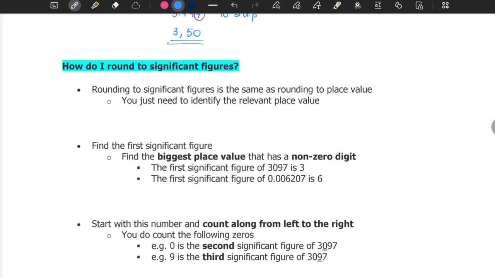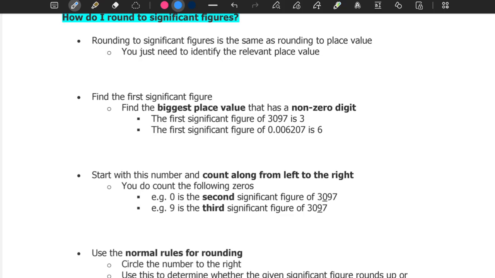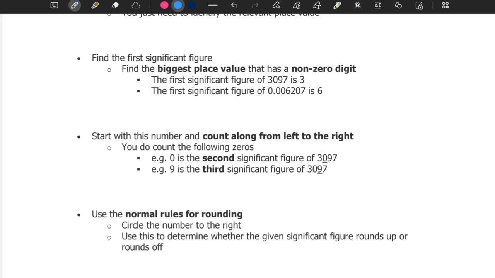So yeah, then just an additional number of rules. Rounding to significant figures is the same as rounding to place value. You just need to identify the place value. So that's the whole point of identifying which number has the significant figure that you want and what number is the digit to the right of that. So find the biggest place value that has a non-zero digit.